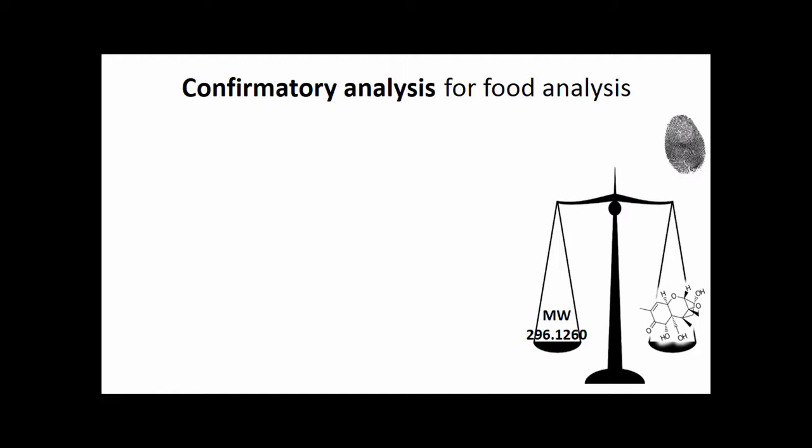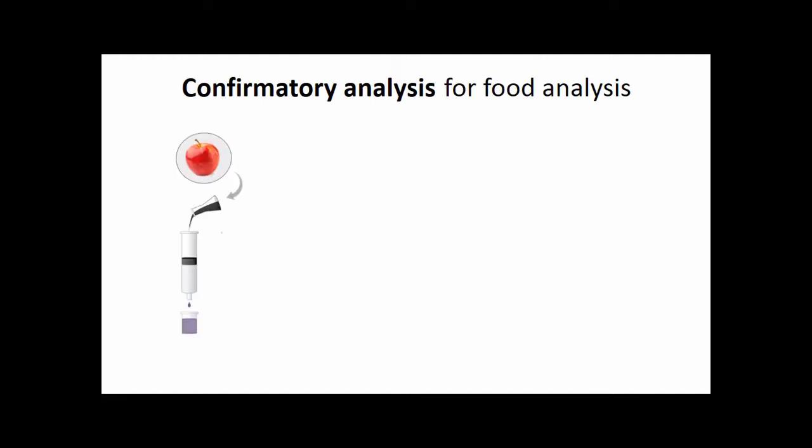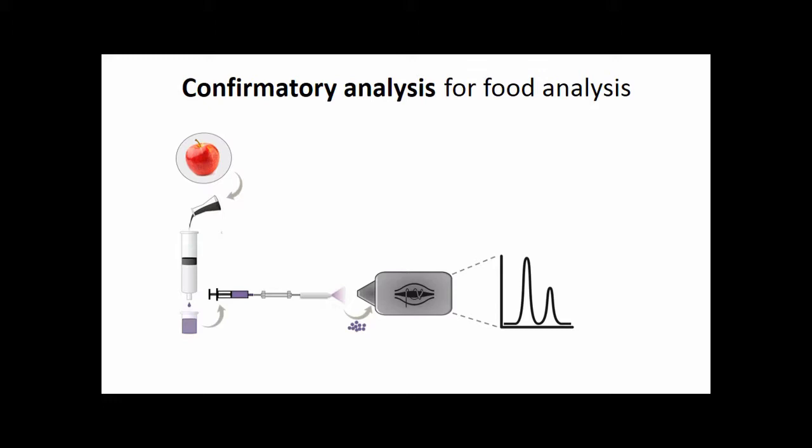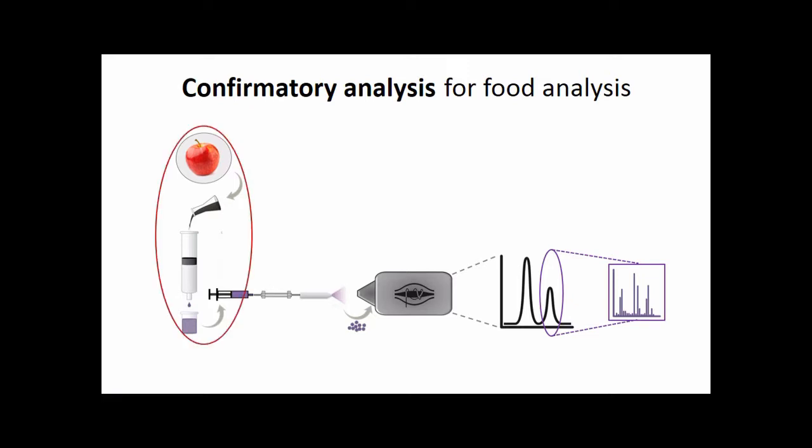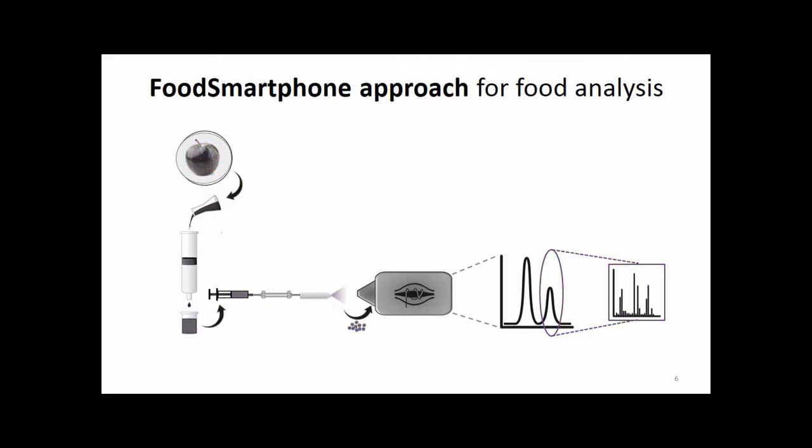In order to do that, at first, extraction of the substance is performed, and then chromatographic separation and measuring with the mass spectrometer of the molecular weight and the separation. However, this procedure is very time consuming, mostly because of the extraction part, but also because of the chromatographic separation.